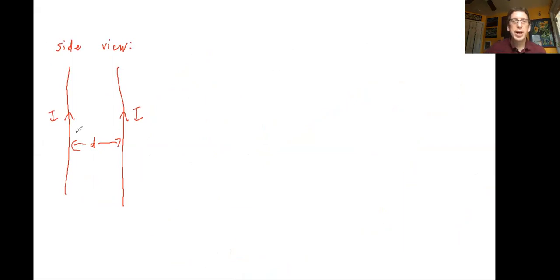We'll call these I1 and I2. Now we'll do the overhead view. So we have I1 and we have I2, and I1 and I2 both point out.